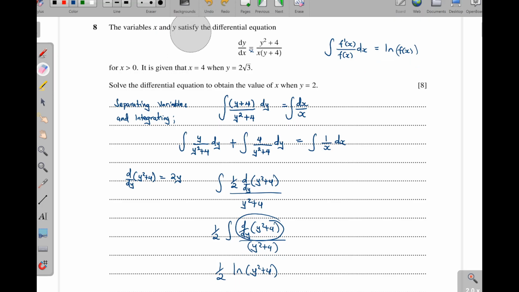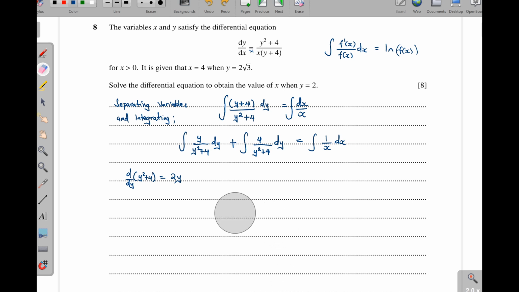Okay, but you don't need to do this in the exam. So you just write a half, then the natural log of y squared plus 4.